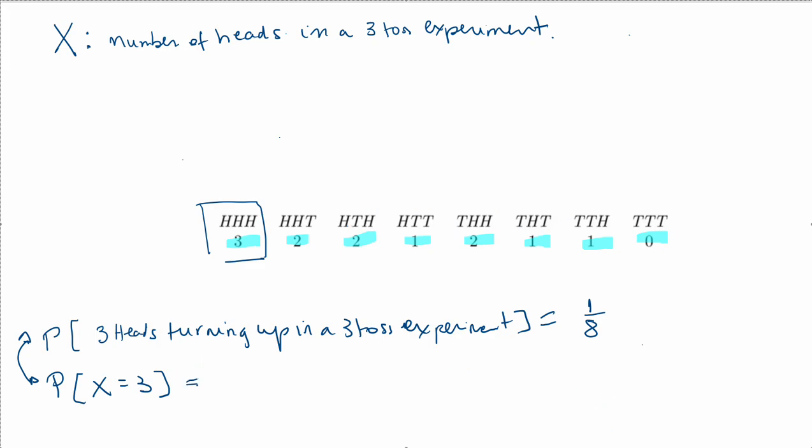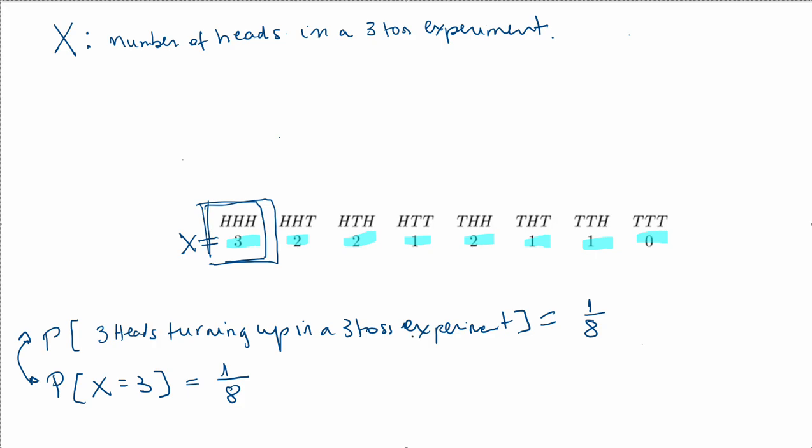And it's the same thing, probability of X equal to 3. Well, if X is the number of heads, exactly the same thing. You will come here, you will find the probability where X is equal to 3. It's just 1 over all the 8 possibilities. Okay? So it's just a change in the notation, I would say.